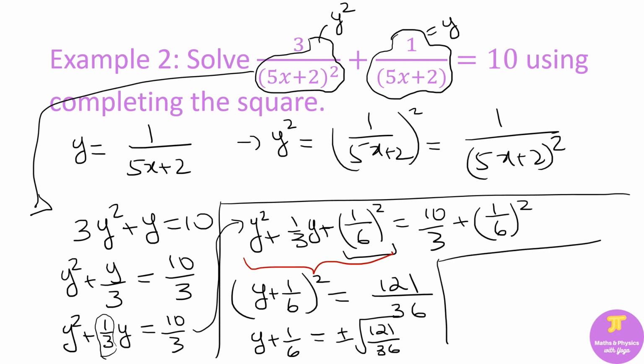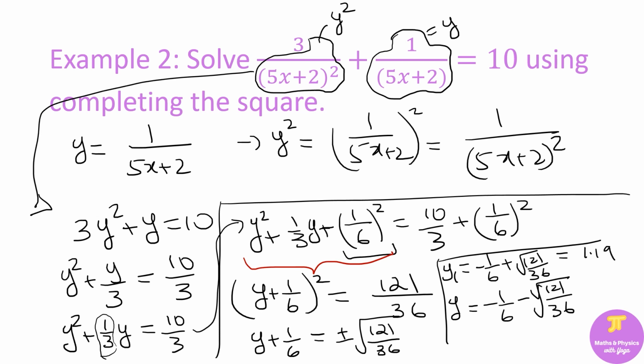And so the first answer, y1, is going to be minus 1 over 6 plus 11 over 6, and the second answer is going to be minus 1 over 6 minus 11 over 6. So this answer is 1.19, and this is going to be minus 1.52.